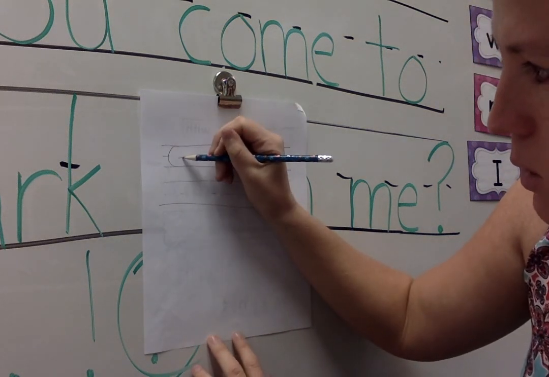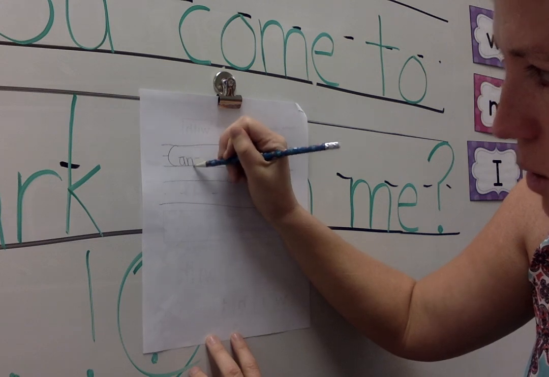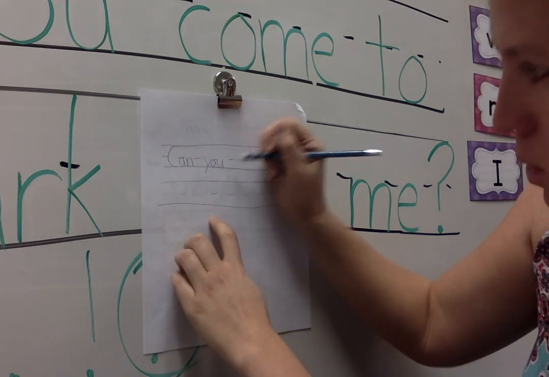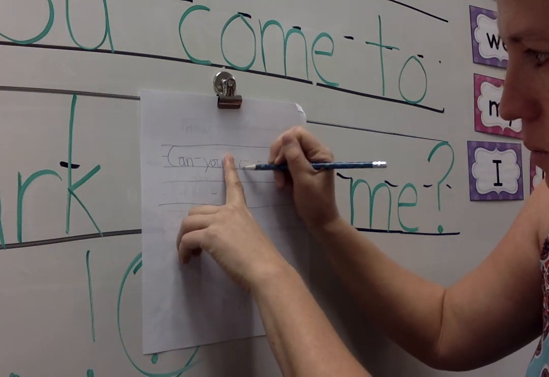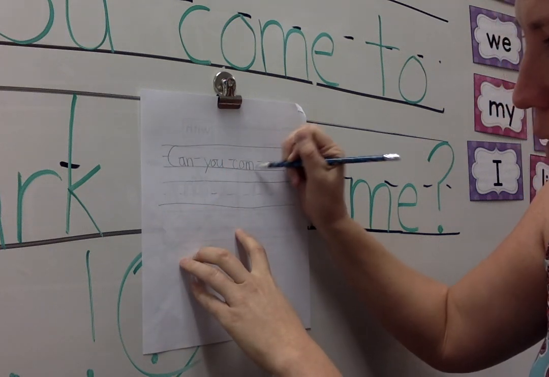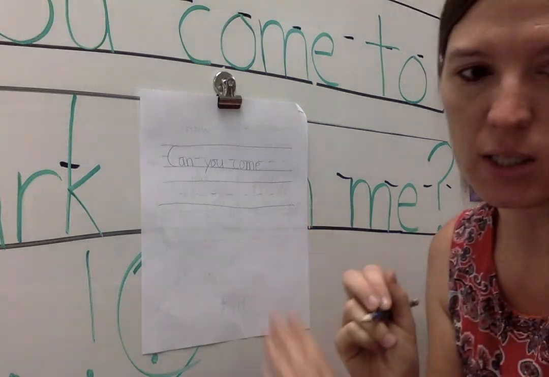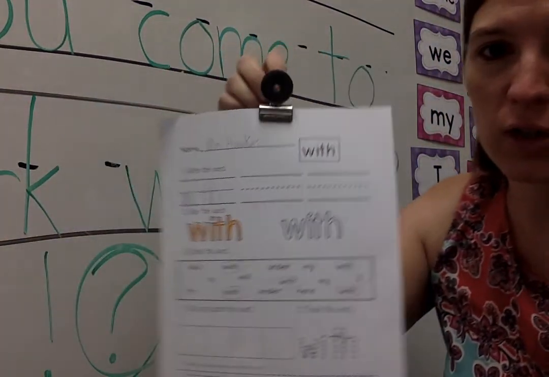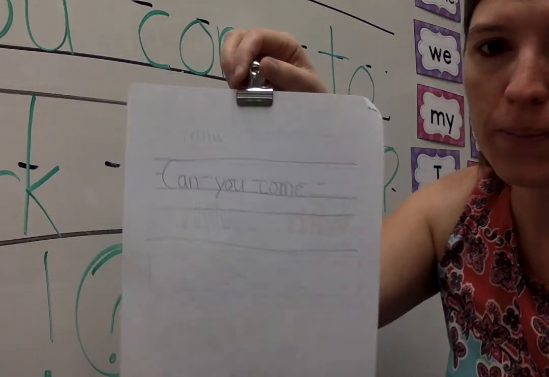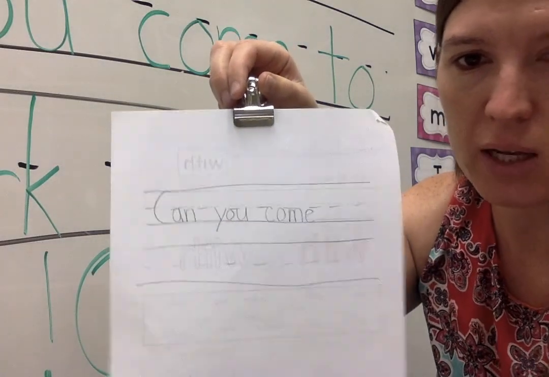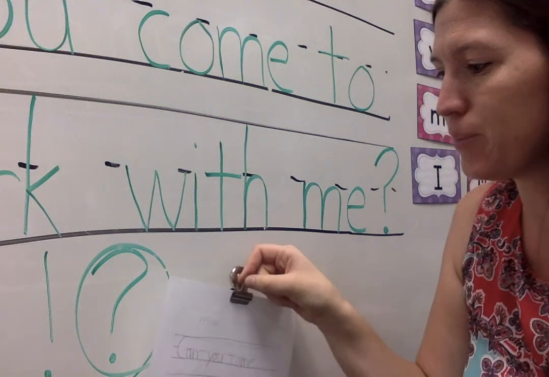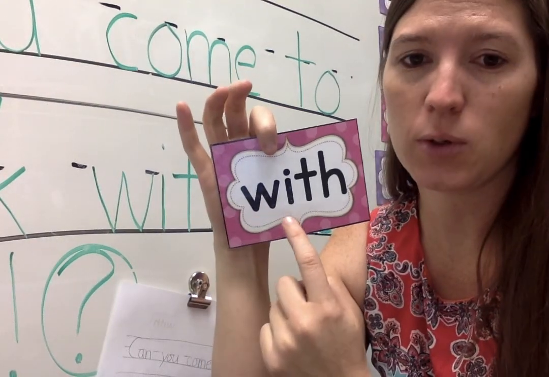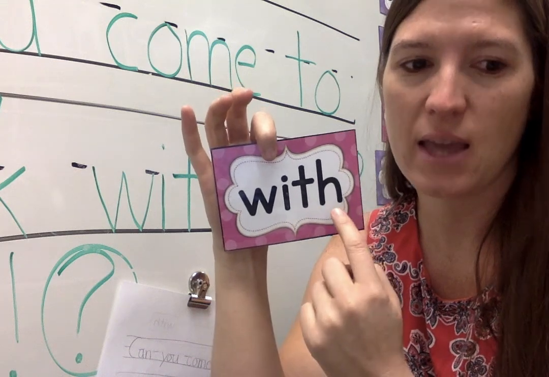Can, C-A-N, finger space, you, come, C-O-M-E, come, and you'll finish the sentence. I've only got 30 seconds left. So after you've done the front side, turn it over and have your helper trace some lines for you to write your sentence. Our new sight word is with. W-I-T-H, with.